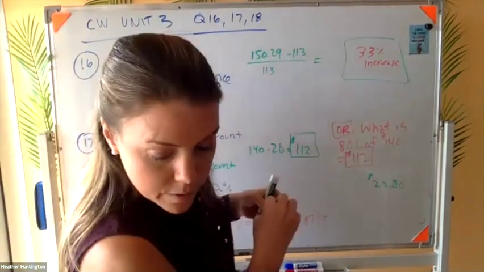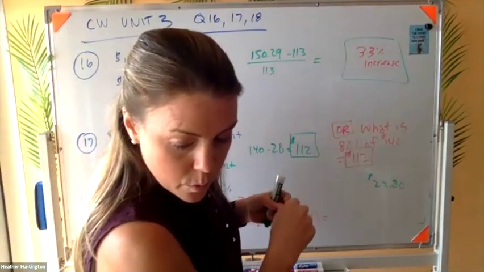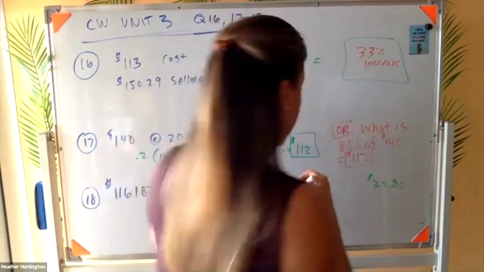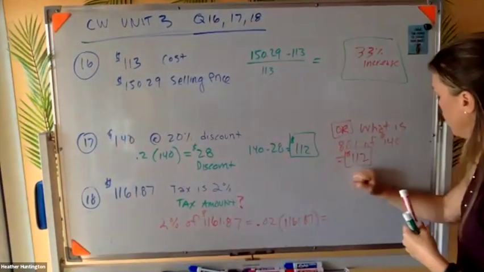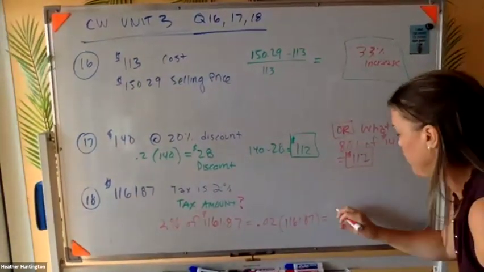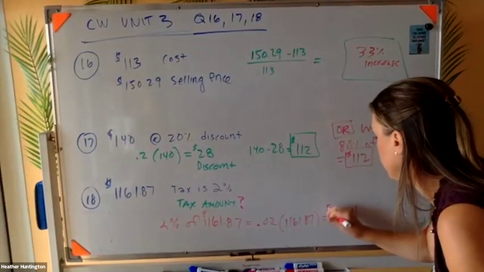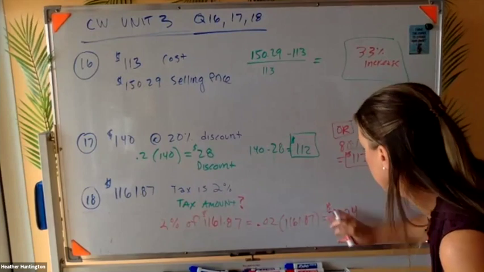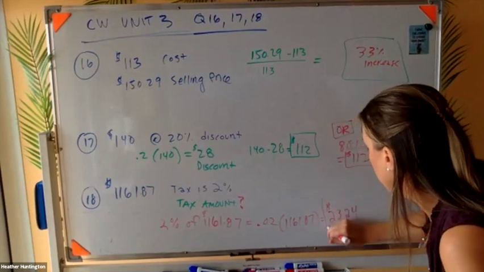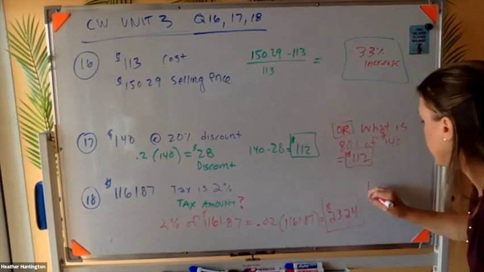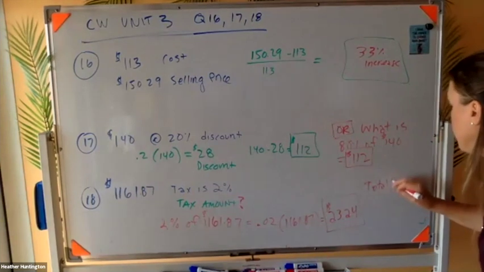So we've got 23.24. 23.24. So that was close. So what's the total price going to be? I'm asking an extended question.